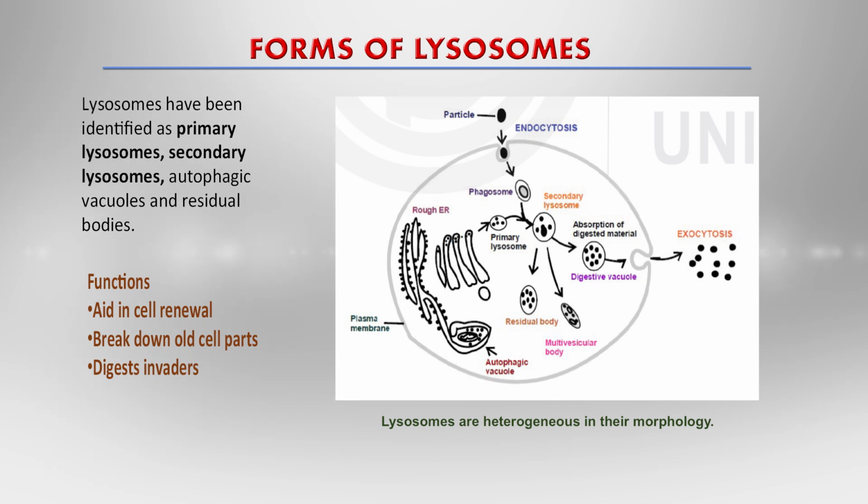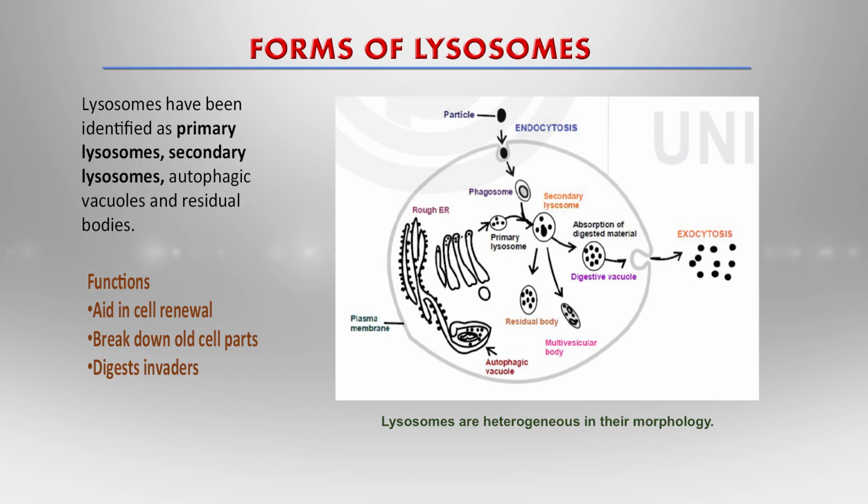The secondary lysosome is an active form of the lysosome which degrades most of the harmful molecules or food molecules by the hydrolytic enzymes, and if some material is not degraded, it forms residual bodies, and the digestive material is excreted out through the cell membrane by exocytosis.